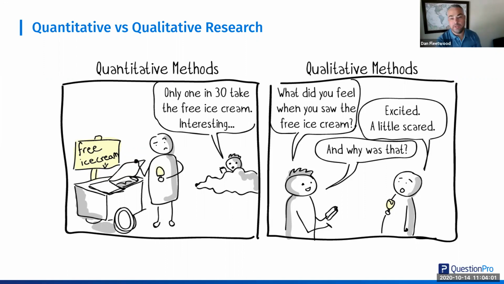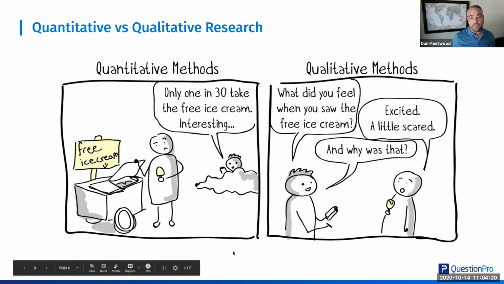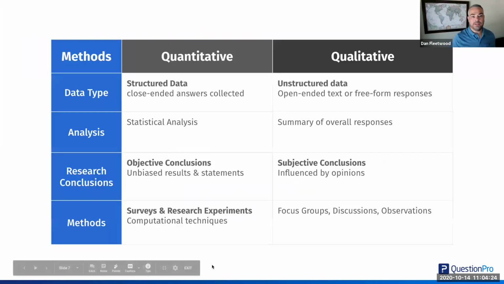But then the qualitative method is more asking how do you feel when you saw the free ice cream? Are you excited, a little scared, and why was that? So more getting at the root of why, a free-form, open question format, whereas the quantitative, as we'll get into, is more closed-ended, more structured. So I thought this illustrated it pretty well and sets the table for what we'll talk about today.